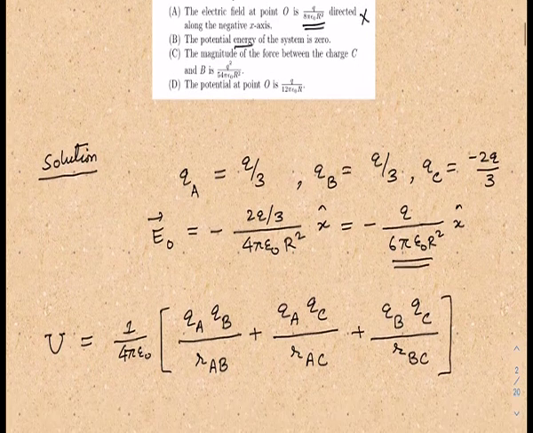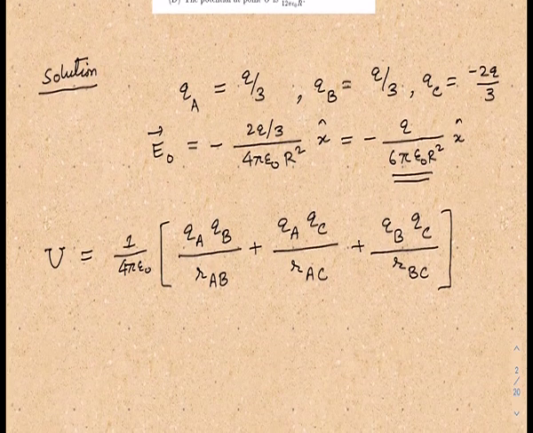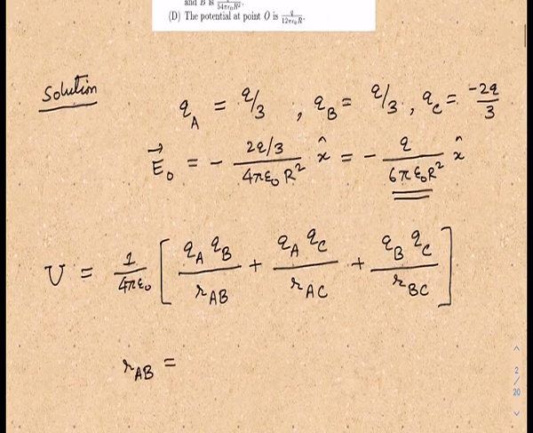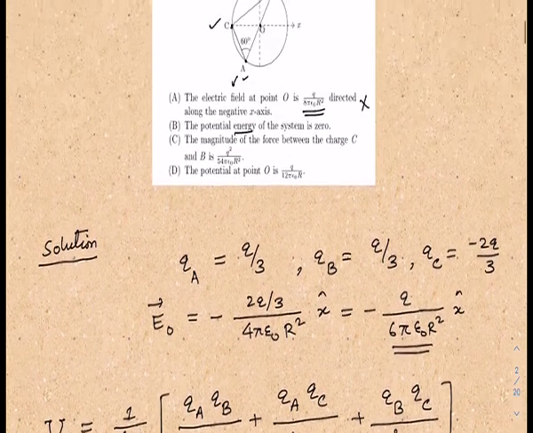Now I know QA, QB, QC, but I have to find out RAB, RAC, RBC.